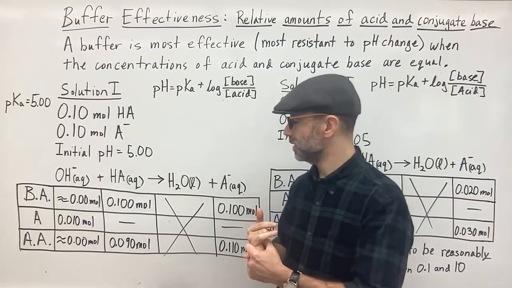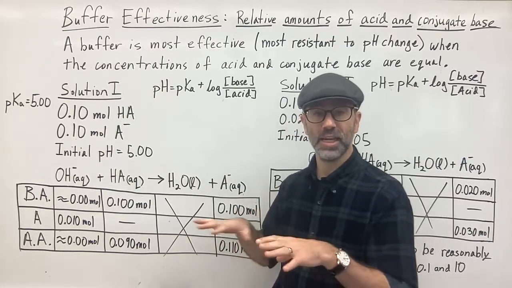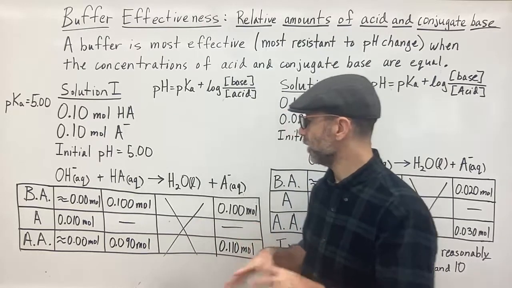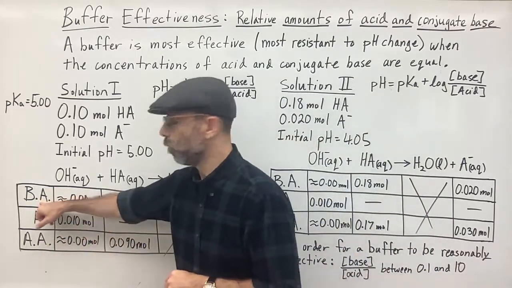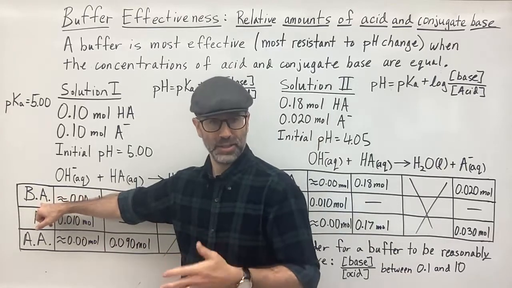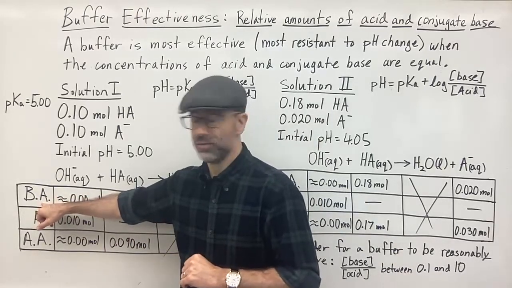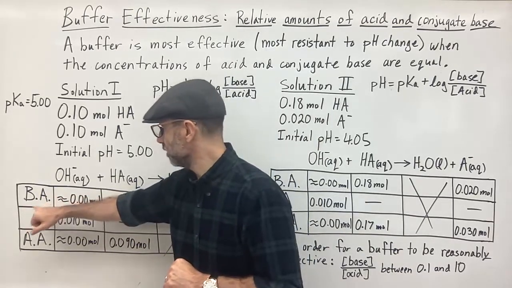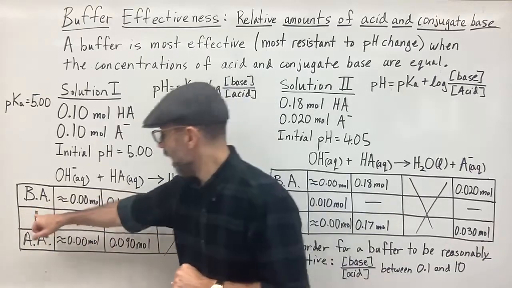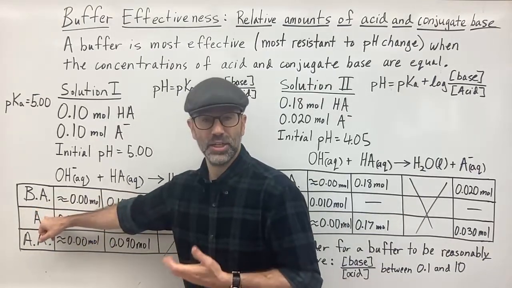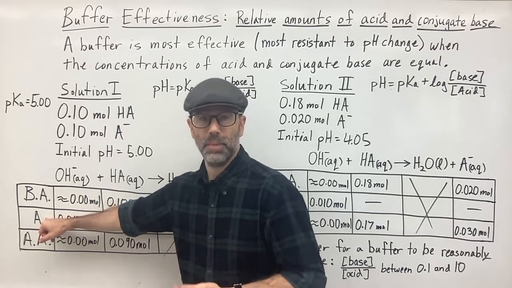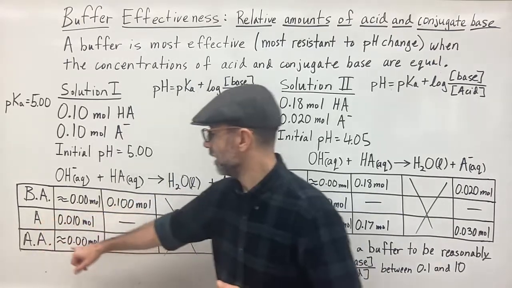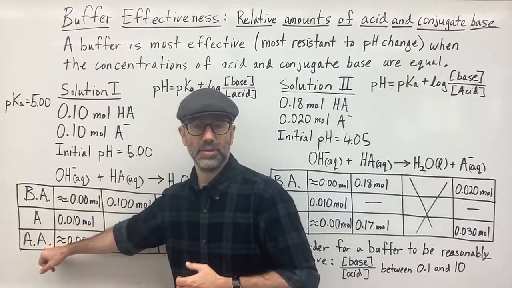So it's not an equilibrium where you have E for equilibrium. Here, instead of ICE, I'm using before I add the acid or base. In this case, we're adding base. So before I add the base, and this is the addition of the base, and then here's after I added the base.